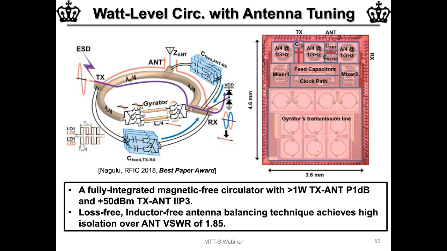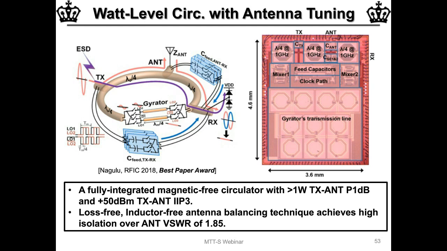One of the problems with circulators in general, nothing specific to these time-modulated circulators, is that if the antenna impedance changes, then you can have a transmitter signal that goes to the antenna, reflects and arrives at the receiver, degrading the isolation. So any circulator is only as good as the matching at the antenna port.